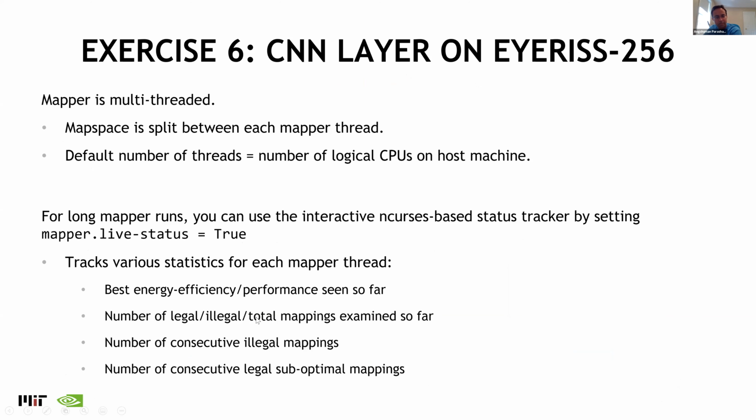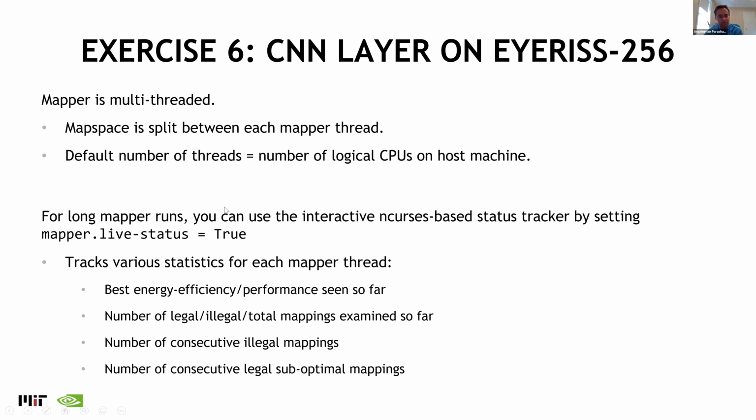And there's a feature called live status that's extremely useful as you're running these long map space runs, because it tells you how each of the threads is doing, what the best mapping it has found so far. And if you're not running a serious experiment and you're just toying around, then you can always use Control-C to tell the mapper to stop doing what it's doing and terminate.